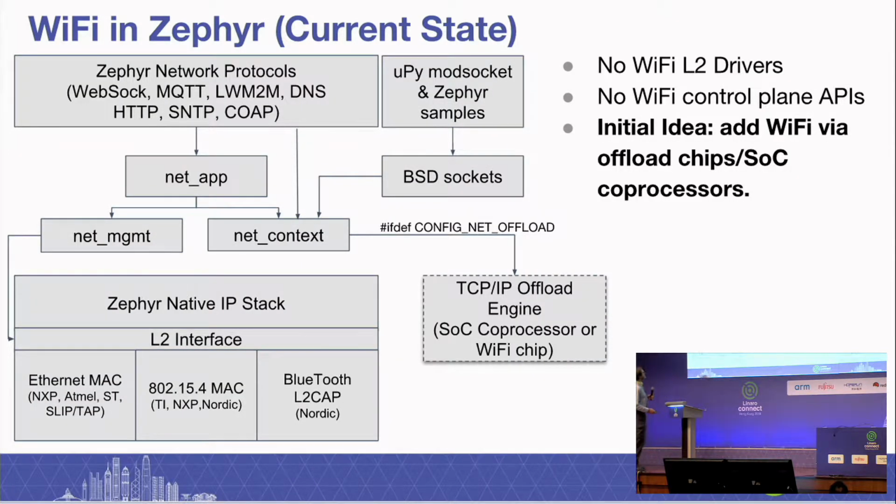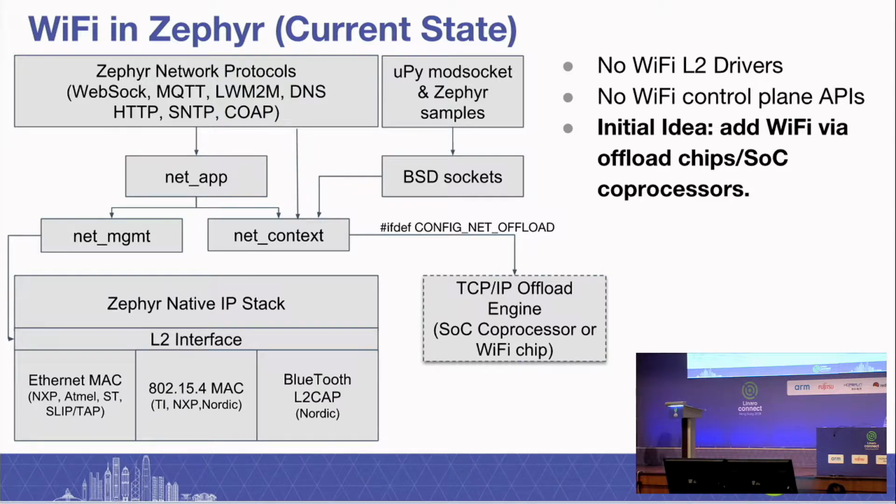So this is the current state of Zephyr, as in what's in master. On the left is pretty much the networking stack of Zephyr. All the network protocols, WebSocket, MQTT, LWM2M, DNS, etc., work over a data plane.